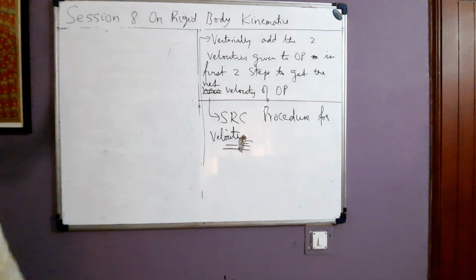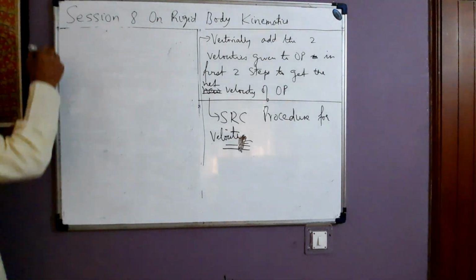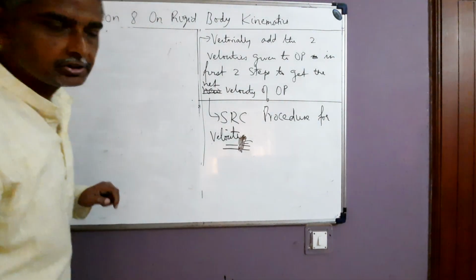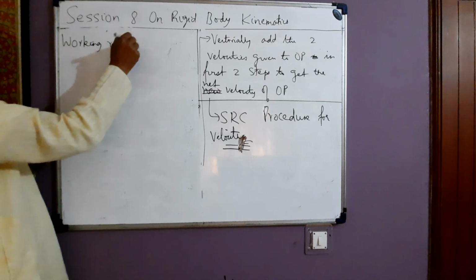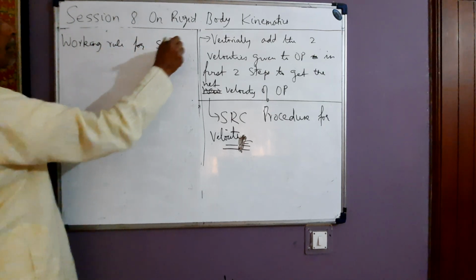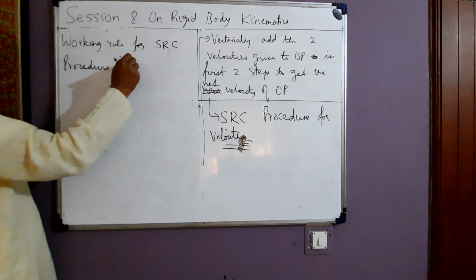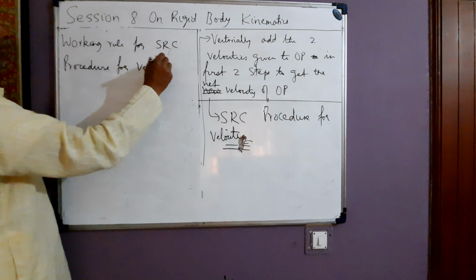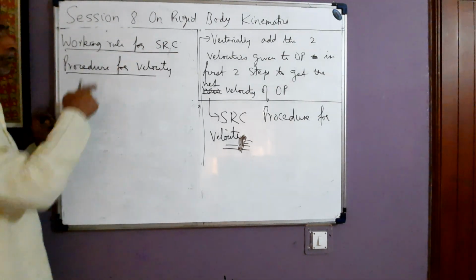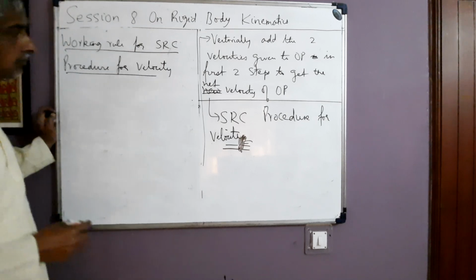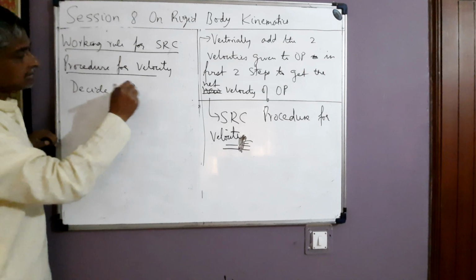So now, what I'll do is finally summarize this SRC procedure in a simple working rule. Working rule for the SRC procedure for velocity. First of all, we decide SP and OP.